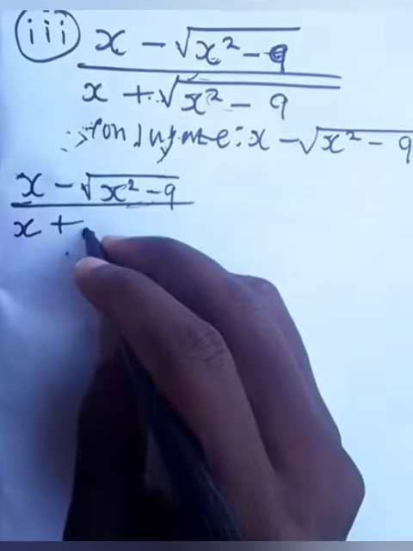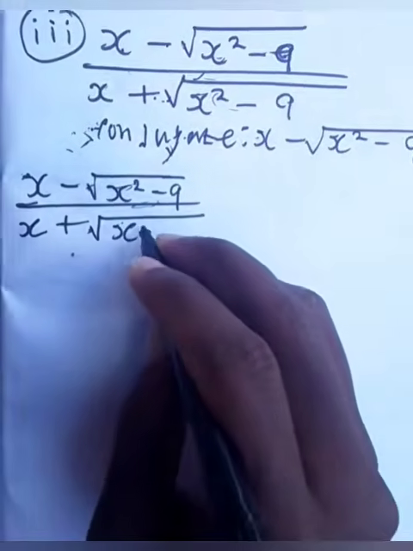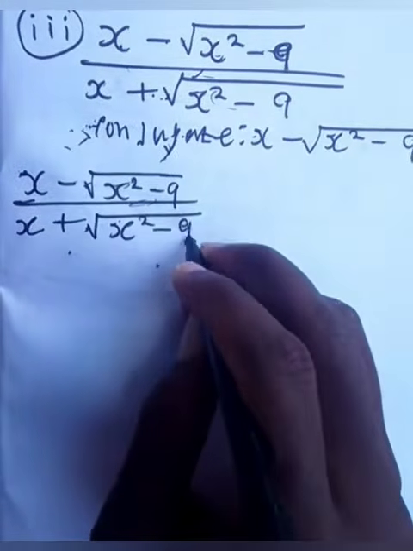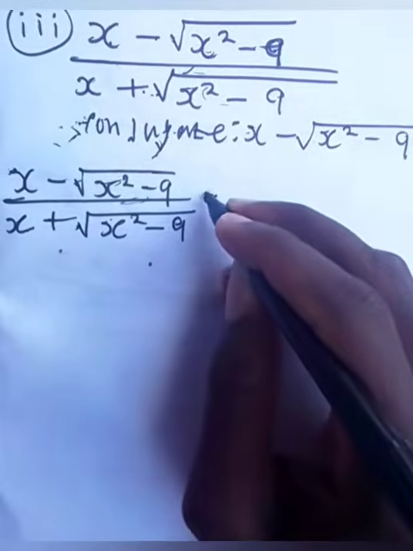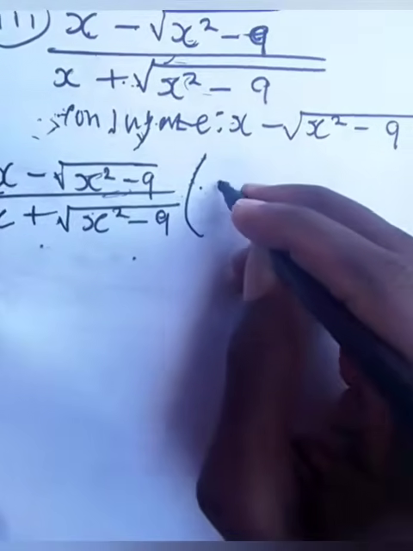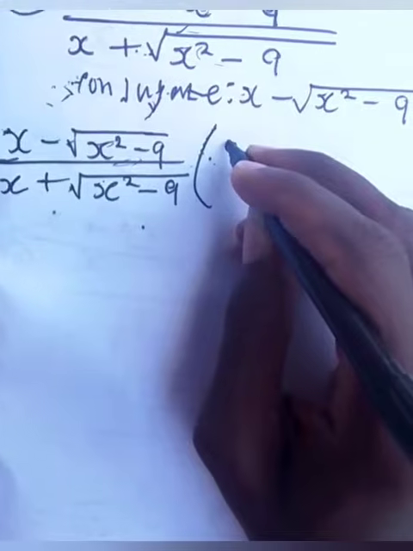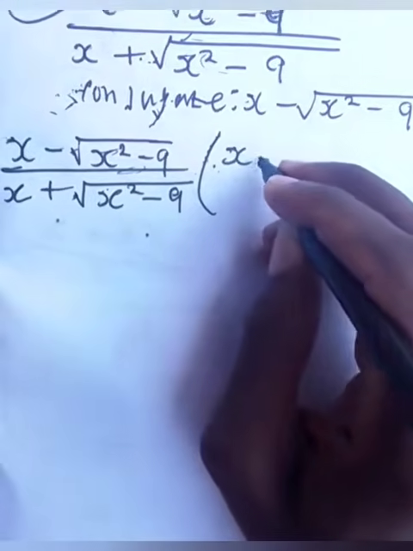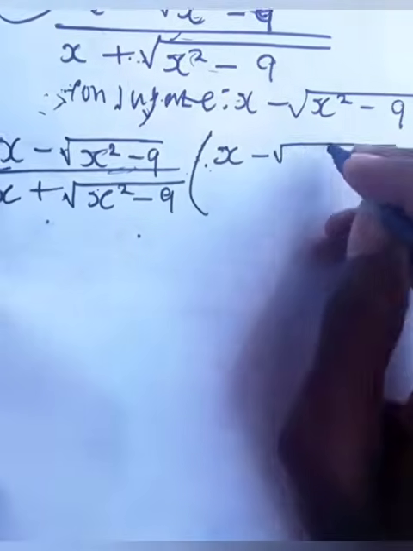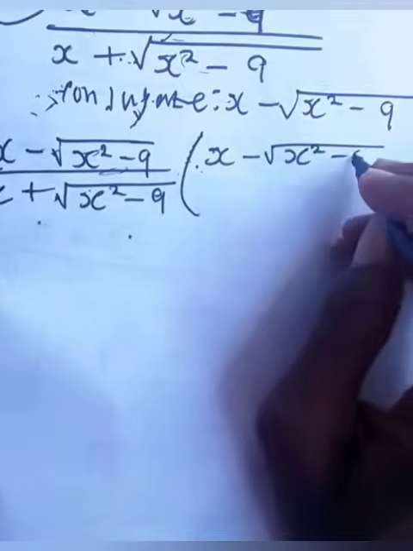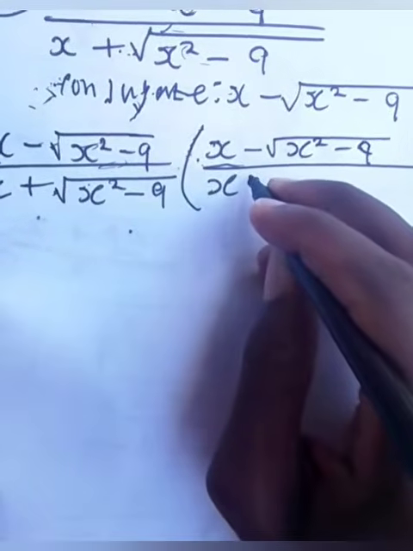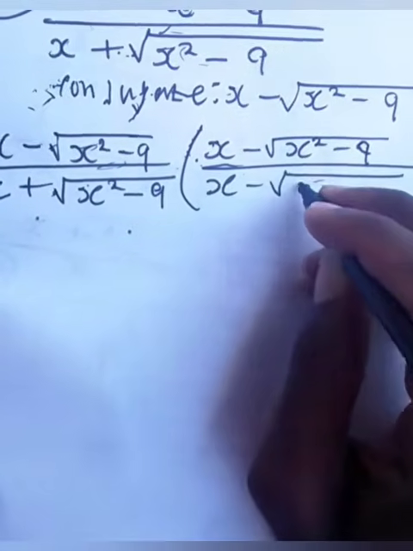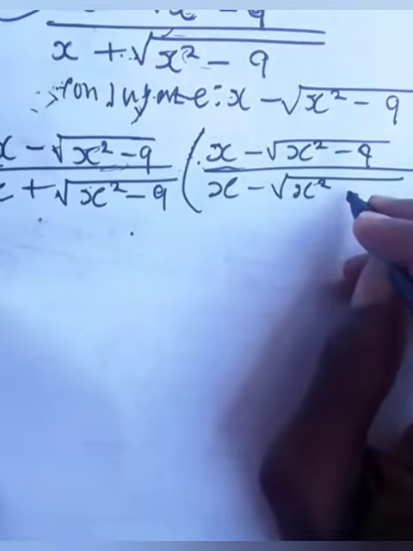So I'm just going to say x power 2 minus 9, right? Then we multiply, so it's going to be x power 2 minus 9, right? Then here we have x minus square root of x power 2 minus 9.